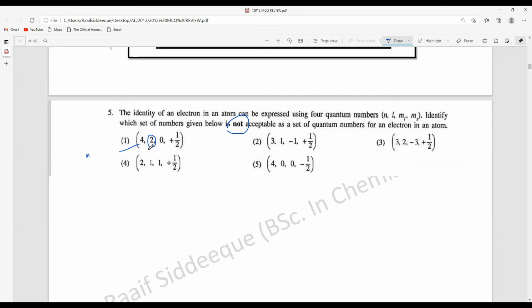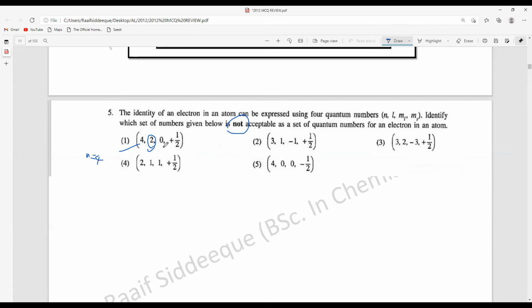Now you have to think: in n is equal to 4, can I have a value where l is equal to 2? According to the principle I explained, n is equal to 4 means S, P, D, F, so there can be d electrons. So yes, there can be l which is 2.